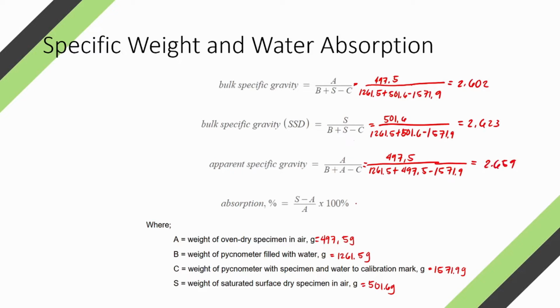So, last, we have here yung water absorption niya. That would be equal to S minus A, so 501.6 minus 497.5 all over yung ating A, 497.5, and that multiplied by 100%, that would be equal to 0.8%, yung kanyang water absorption or yung kanyang moisture content.